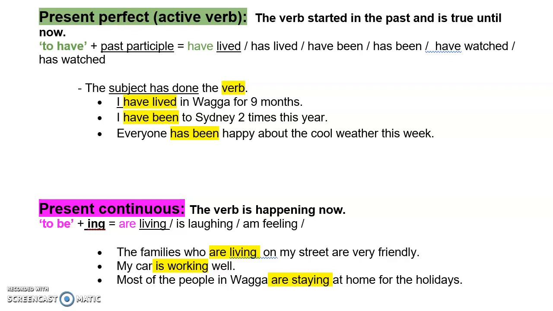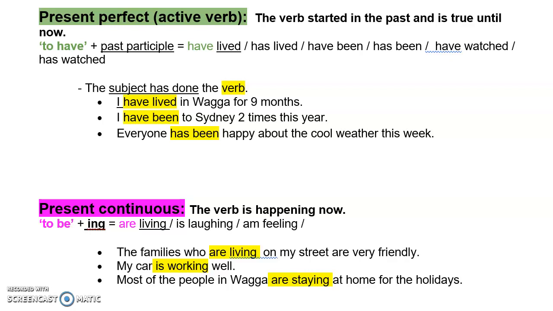Let's look at the first example of the present continuous. The families who are living on my street are very friendly. Here we have the to be verb are and the ing verb living, the continuous verb living.